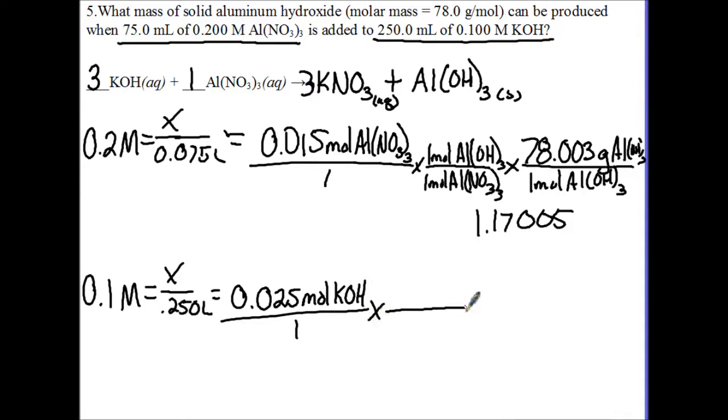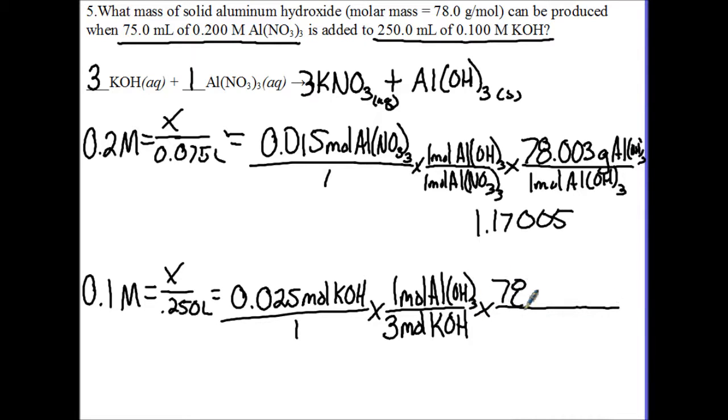Our mole to mole ratio is that every 3 of these moles creates only 1 mole of this. Our molar masses aren't going to change. That's a 0, not a 6.